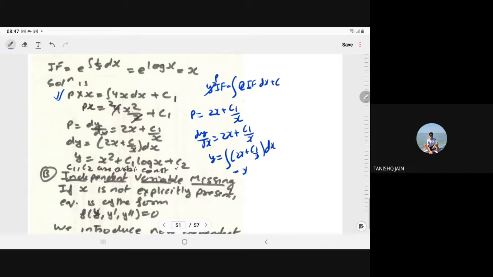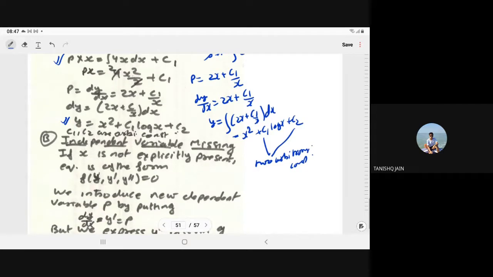Its integration is x square, plus c1 log of x, and the constant of integration c2. So here you have y is equal to x square plus c1 log x plus c2. An important thing to note: we have a second order differential equation, so in the final solution we have two arbitrary constants. Clear? Here c1 and c2 are the arbitrary constants.